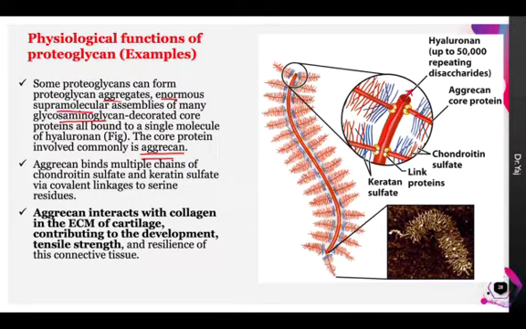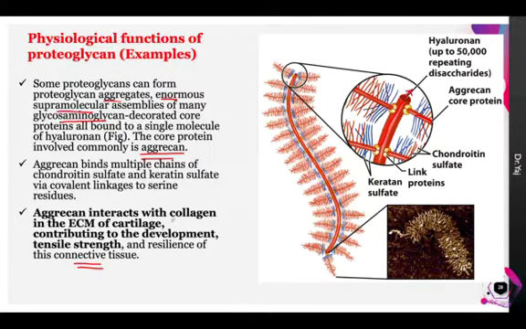By forming these kinds of huge structures, which we refer to as supramolecular structures, this particular molecule is able to provide resilience or toughness to a particular tissue, and this kind of resilience is observed in case of connective tissue.